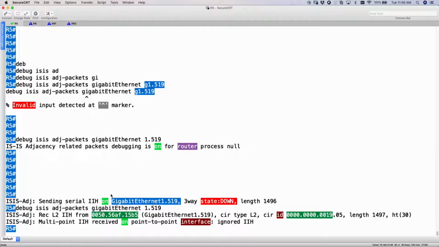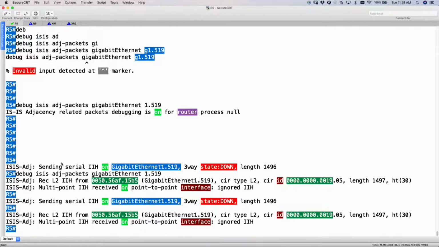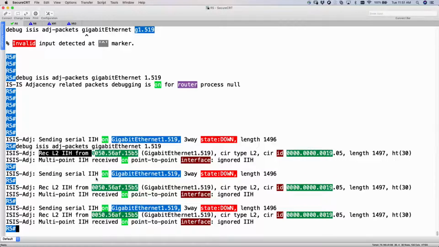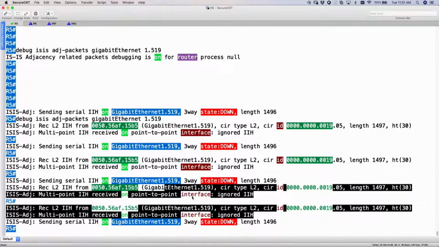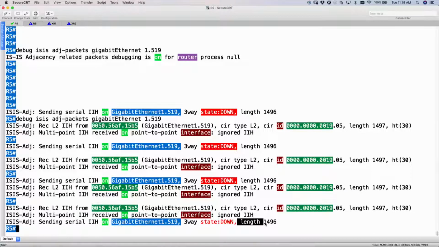Earlier it was sending L2 LAN hellos, and now it is sending serial hellos, which says that it is a point-to-point segment. What am I receiving from the neighbor? I'm still receiving L2 IIH, which is a broadcast hello, from the IOS XR. So obviously it's going to be ignored and your neighborship would go down because your network type is different.